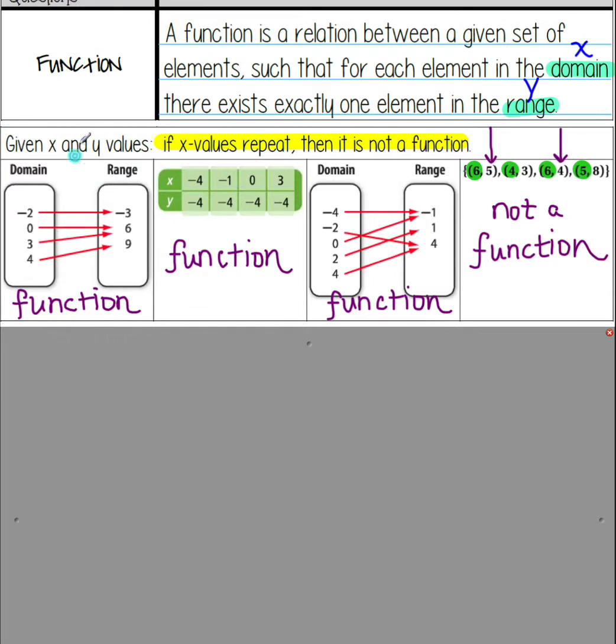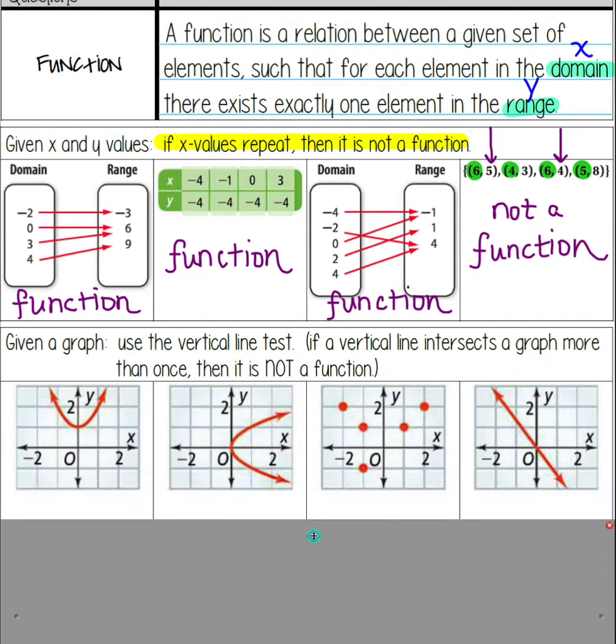If we are given x and y values, these are some ways that you can determine if a relation is a function. Now we're going to apply a vertical line test if we are given a graph. If a vertical line intersects a graph more than once, then it is not a function.